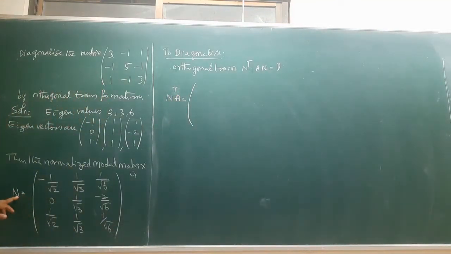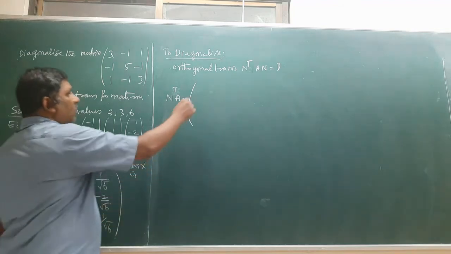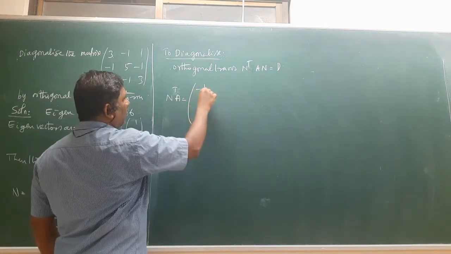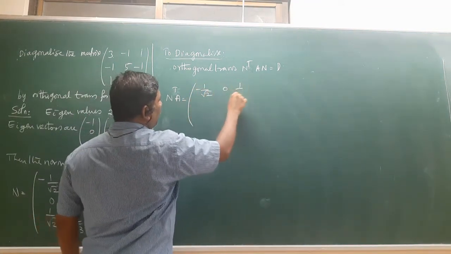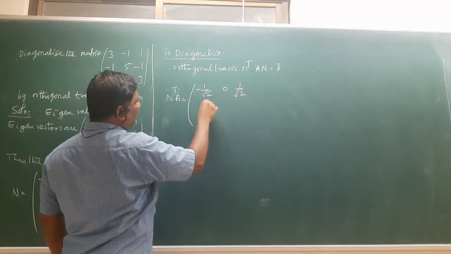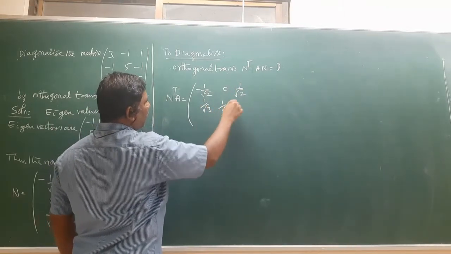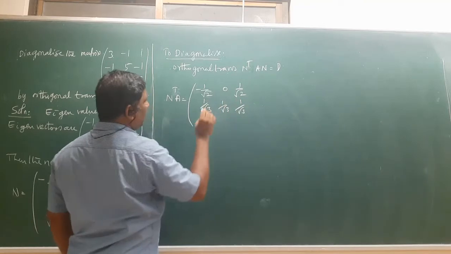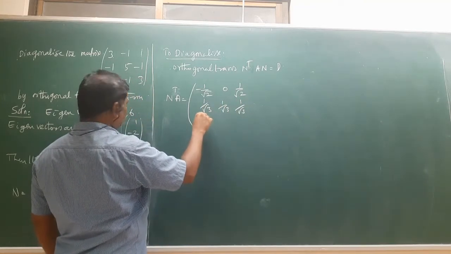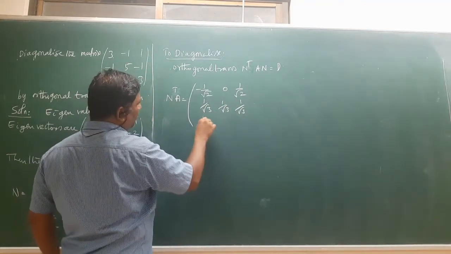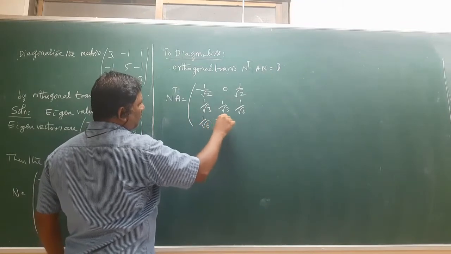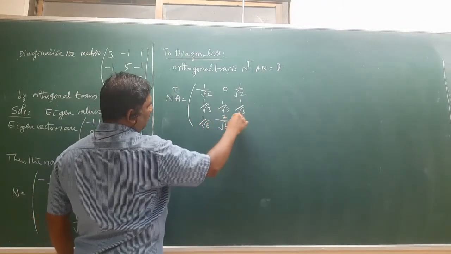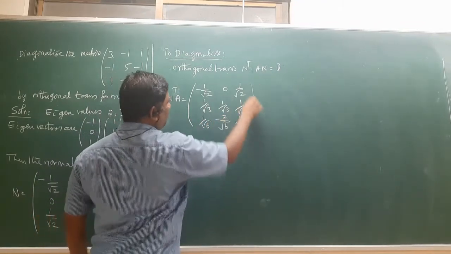That means N is there. We have to change rows to columns and columns to rows. So minus 1 by root 2, 0, 1 by root 2; 1 by root 3, 1 by root 3, 1 by root 3; then 1 by root 6, minus 2 by root 6, 1 by root 6.